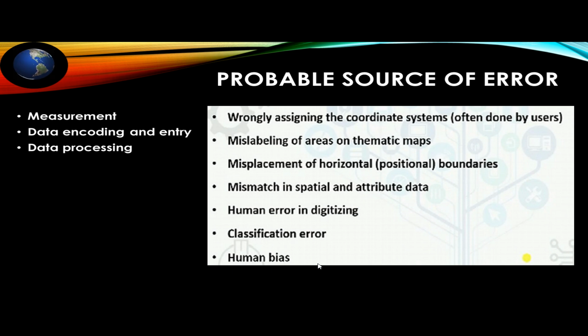Human error in digitizing. As I told, human error in digitizing is the same as the misplacement of horizontal boundary. When we are digitizing any point or any building or any road feature or any water distribution network, we deviate from one point, like a 2 meter deviation arises, when we compare with OSM or Google Earth imagery.